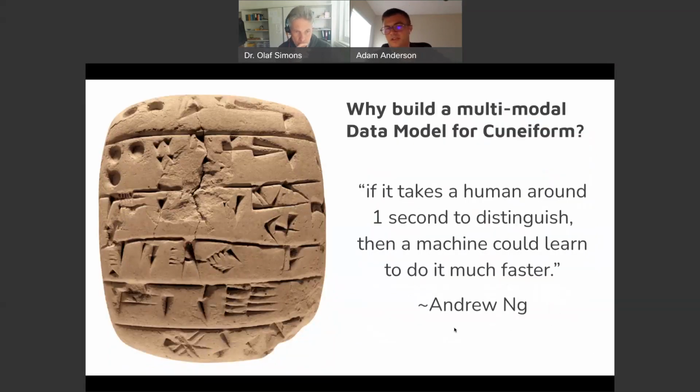So the idea around moving into computational methods is that we can leverage a lot of what computers do to help the kind of scarce resources around the images, translations, and languages that are inscribed on these objects. And since for a specialist, it does take around a second to distinguish these signs, it's clear that this is something that could be taught with enough supervision to a computer.